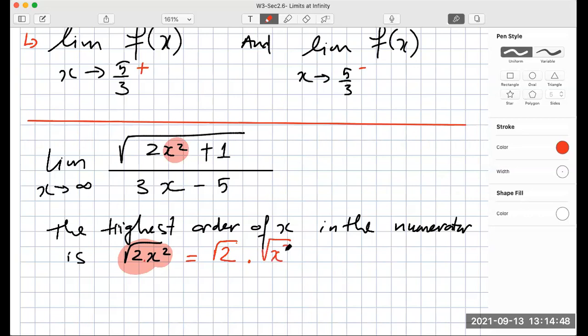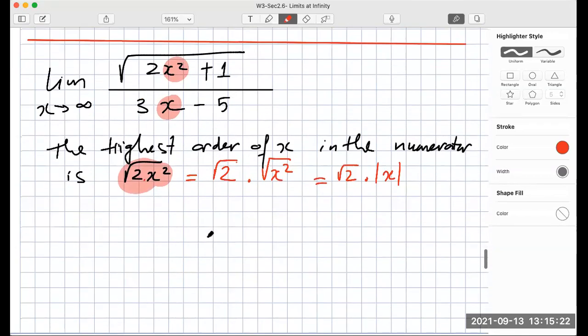Very good. So it is the order of square root of 2, and then square root of x squared gives us absolute value of x, right? In other words, the highest degree of this is of the order 1. Okay? What is the highest degree of the denominator? 1. Very good.